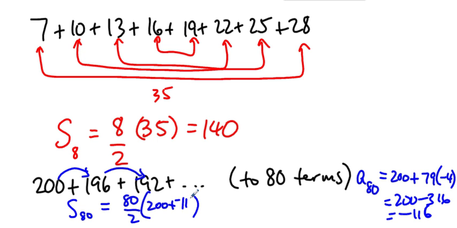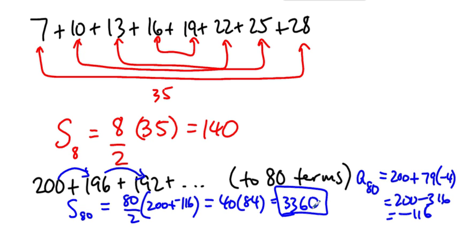So this is -116. So what's that? That's 40 times 84, and that is 3,360. We were able to add up 80 terms without finding 80 terms.